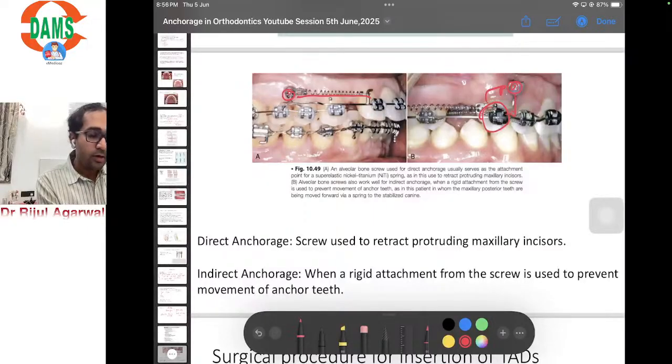So in direct anchorage the screw is used directly to retract the protruding teeth, and in indirect anchorage a rigid attachment is placed from the screw to prevent movement of the anchor unit. This attachment is placed with the help of composite, and the teeth are retracted.